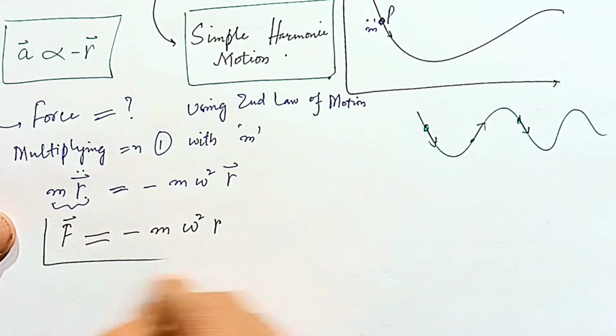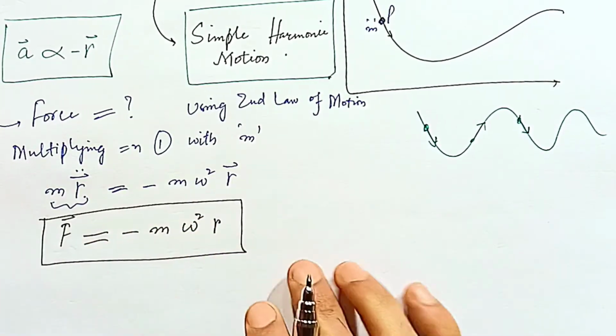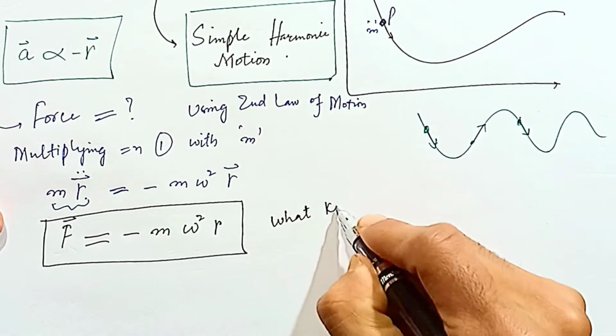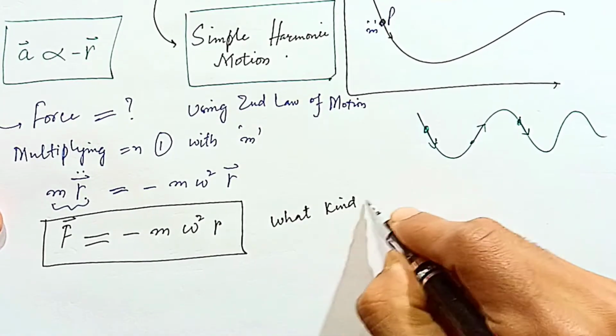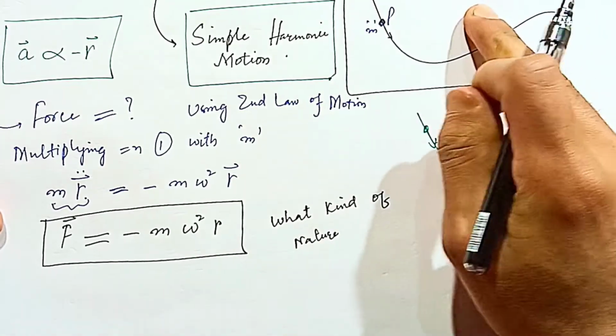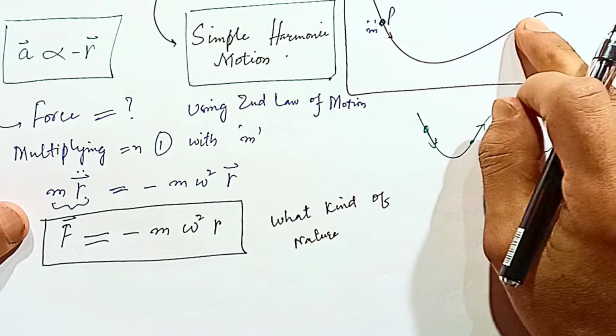This will be the force applied onto this body, but we have to find what kind of nature the force has, what kind of force is applied onto this very particle.